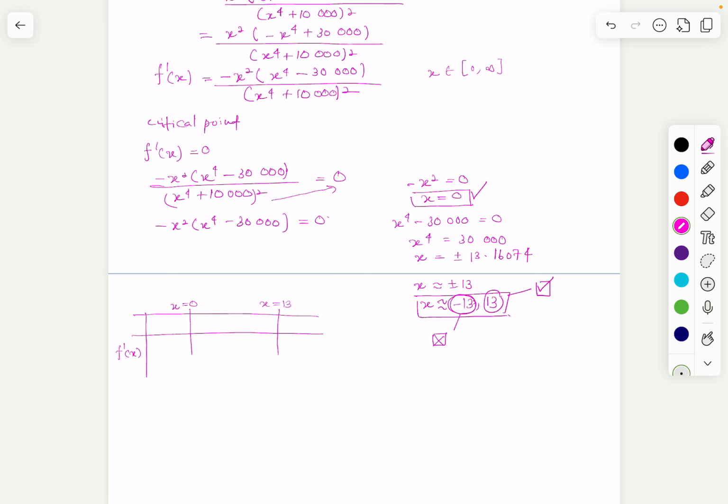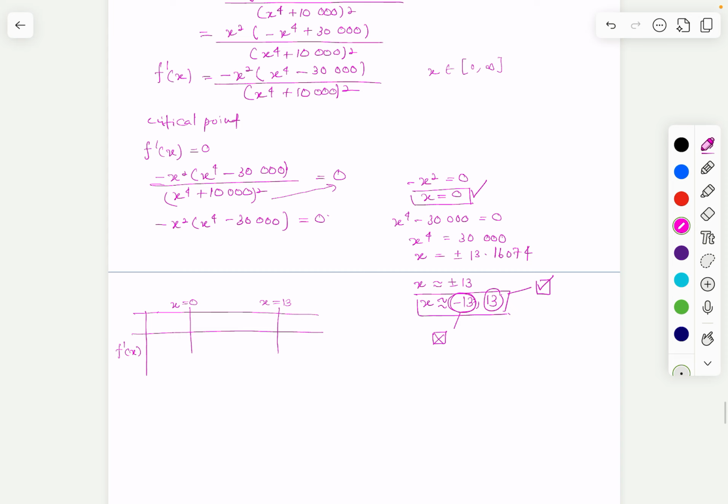It starts with 0, we don't consider the negative part, so we need to check x from 0 to 13 and 13 to infinity.